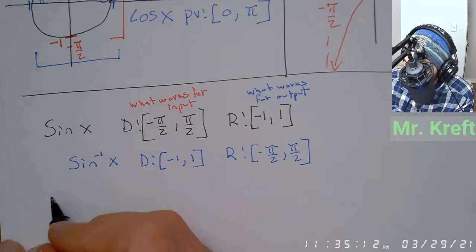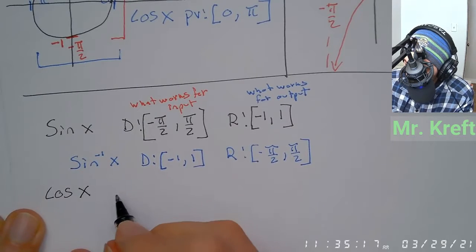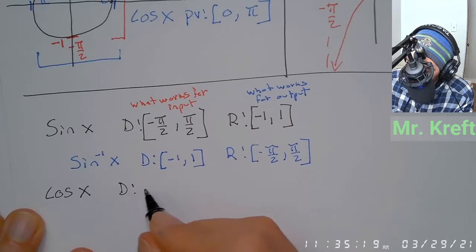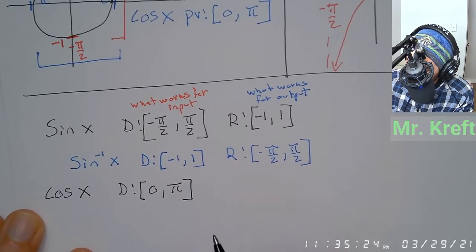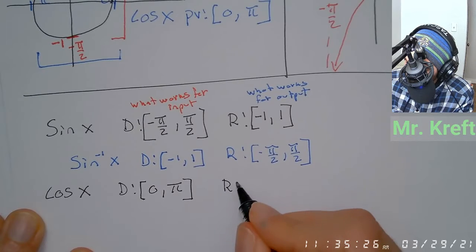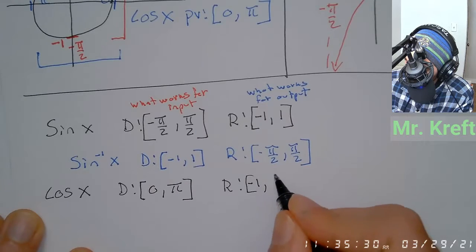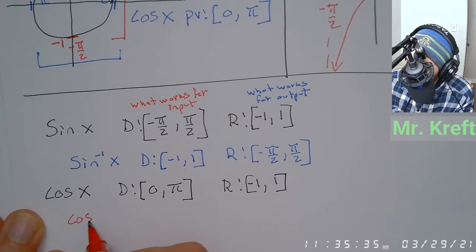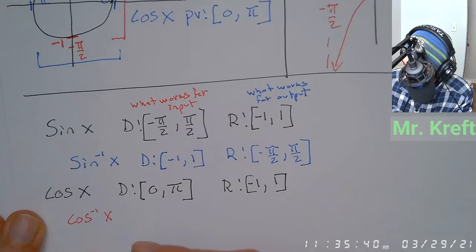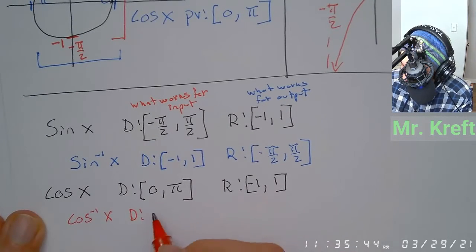And then you can say the same thing with cosine of x. For cosine of x, the domain was going to be from 0 to pi, and then my range was going to be from -1 to 1. So then cosine inverse of x is going to be, my old range becomes my new domain.